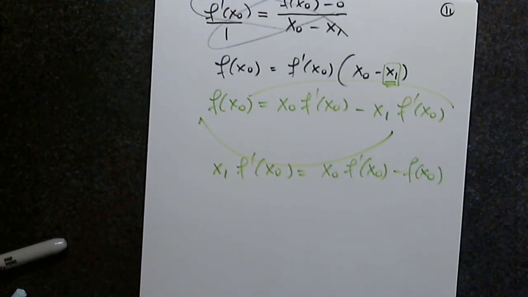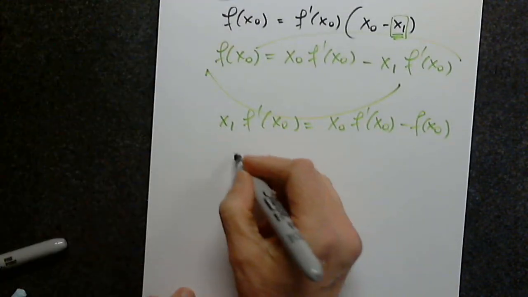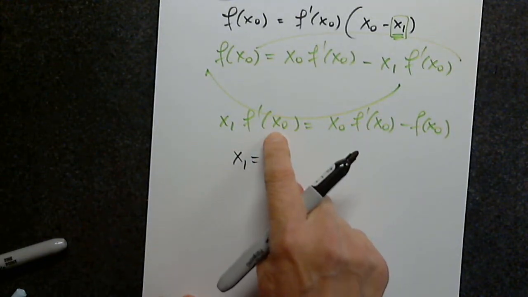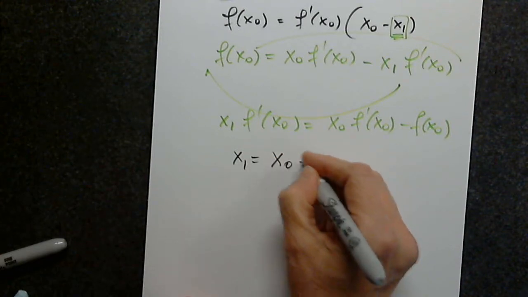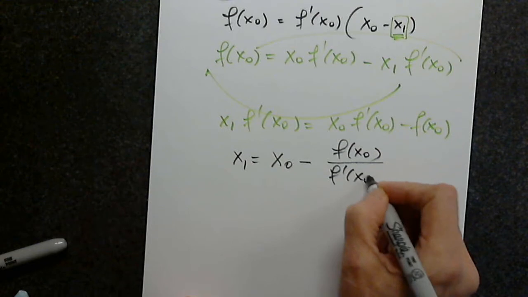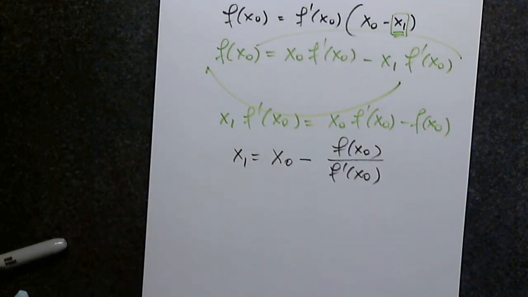Finally, I have x1. What do I do to get to x1? Divide both sides by? Good. So this is x0 minus f of x0 over f prime of x0. Stay with me. This is not done.